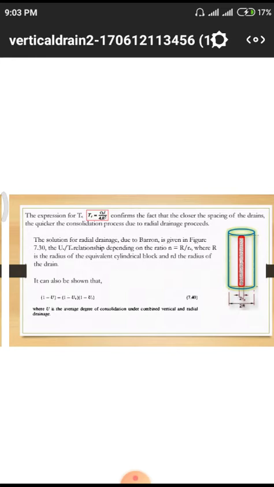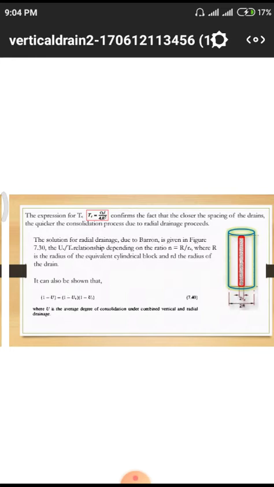For this expression, t equals Cv L by 4r square, it confirms the fact of closer spacing of drains. If the drains are closely spaced, automatically we require a larger quantity of drains. If the drains are widely spaced, automatically we require fewer drains. The total number of drains also has some empirical formulas.